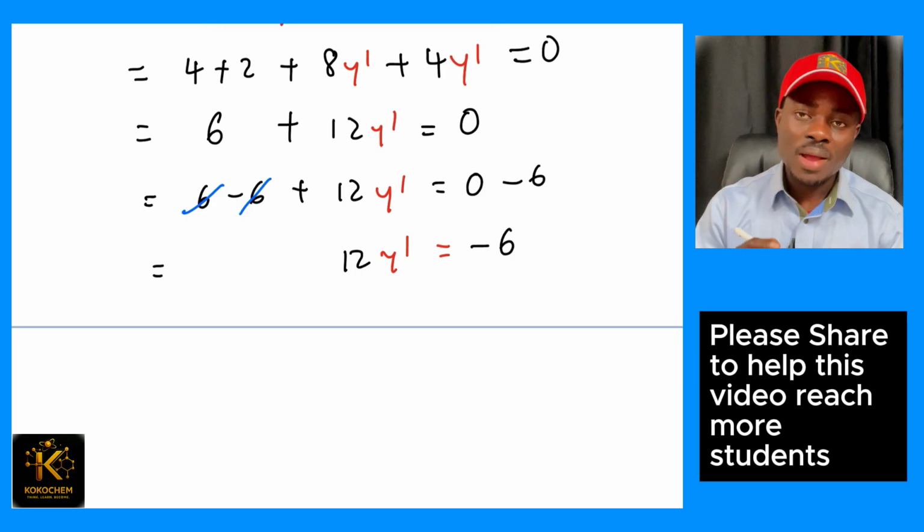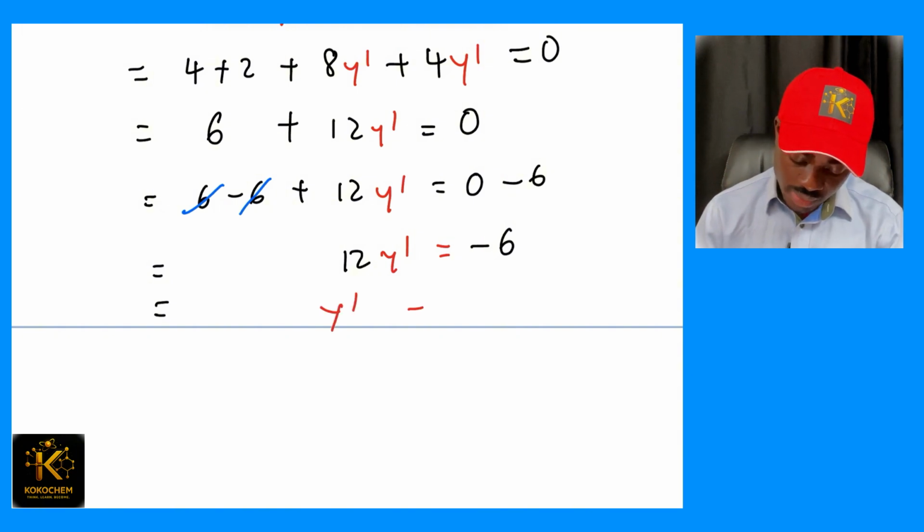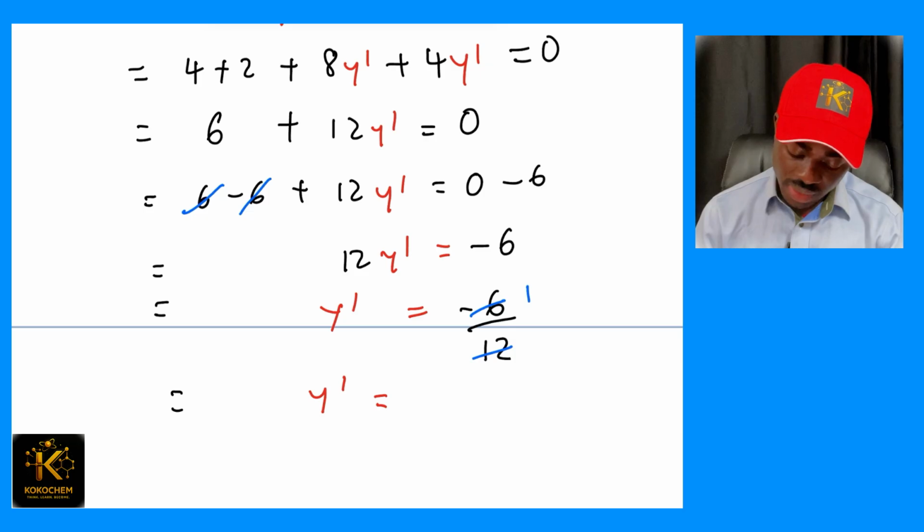To get y prime, we divide both sides by 12, so y prime is equal to negative 6 divided by 12. Y prime is therefore equal to 6 over 12, which is 1 over 2, so the answer is negative 1 over 2.